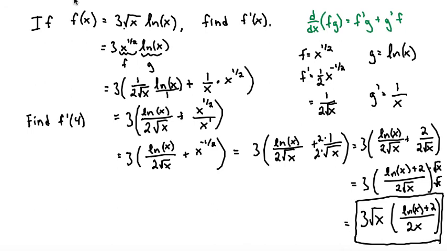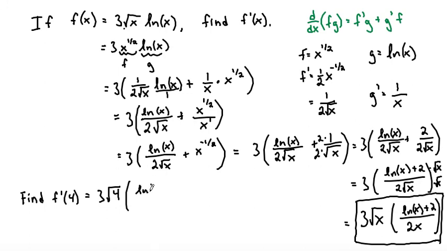And then from here, let me move my find the derivative at 4 down to here. And if we plug in 4, we get 3 root 4 times ln of 4 plus 2 over 2 times 4. So root 4 is 2, so 3 times 2 is 6, and then ln of 4 plus 2 over 2 times 4 is 8.